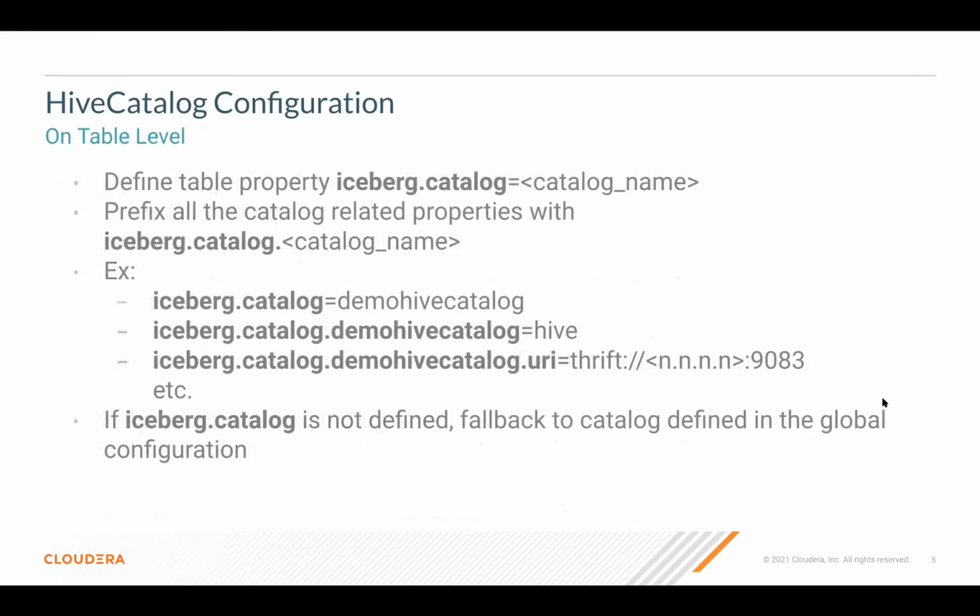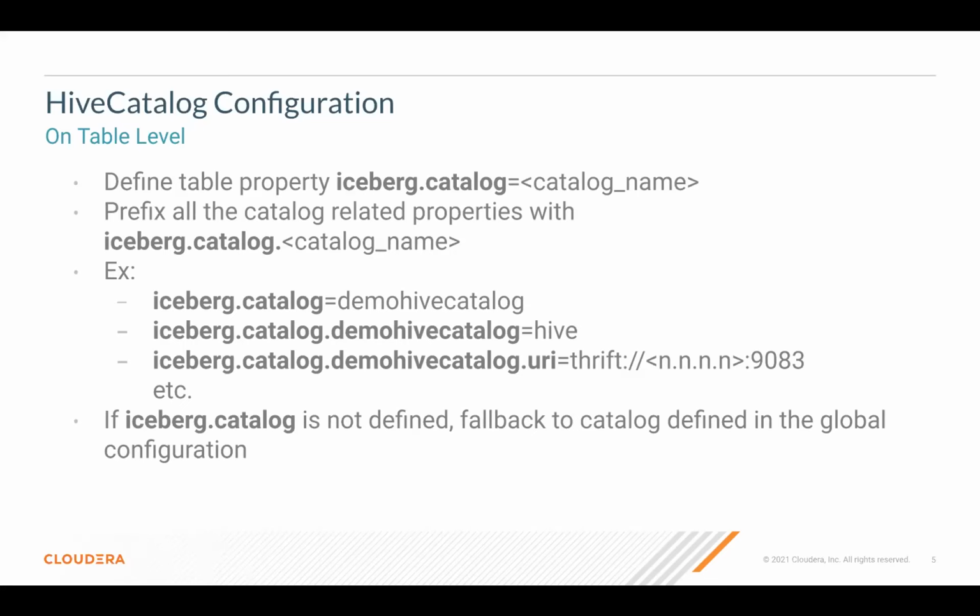We have a solution for this. It's called the Hive catalog configuration on table level. That basically means the table metadata should be extended with an additional table property, which points to the catalog name.